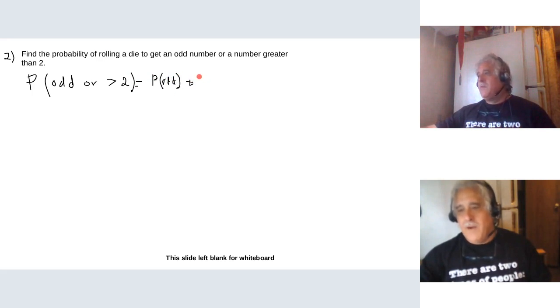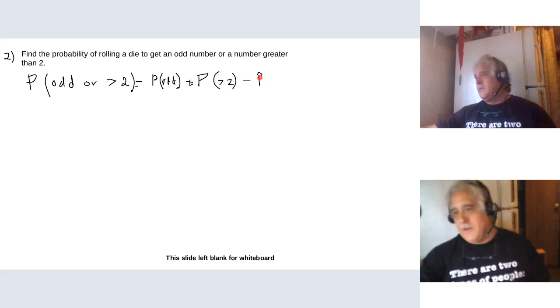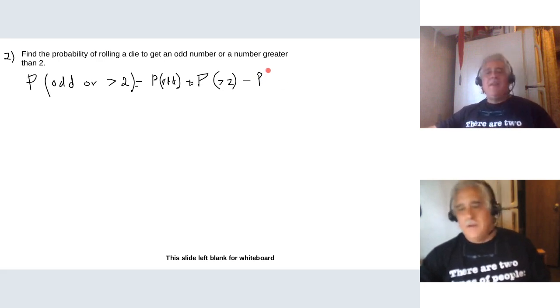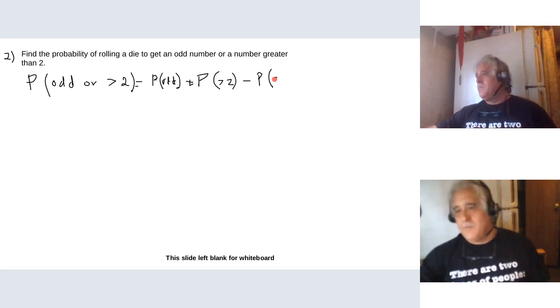That happens no matter what for or. And then if they're the same, any that's overlap, we're going to do this. And like I said, you can always put this in for all of them, and then just realize when they're mutually exclusive that that's 0.